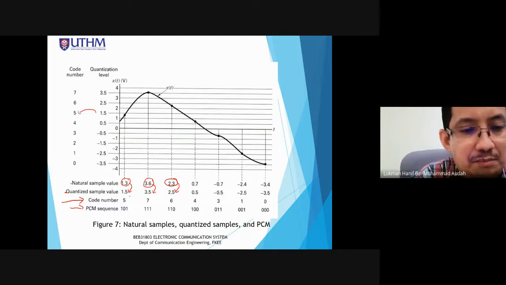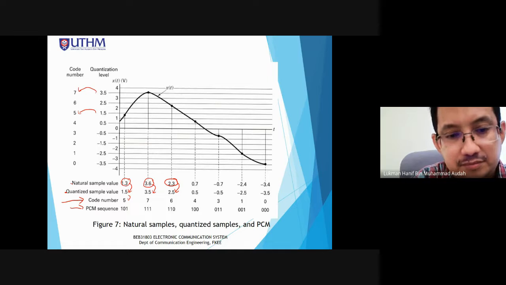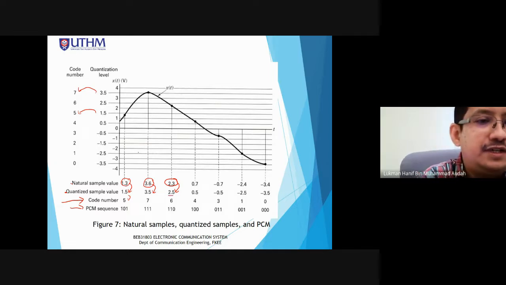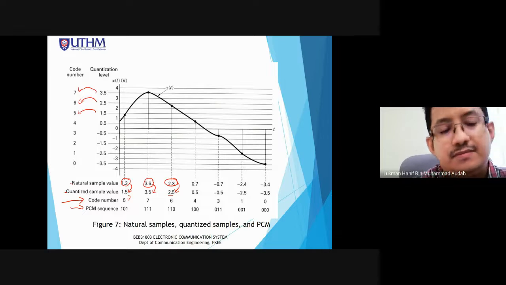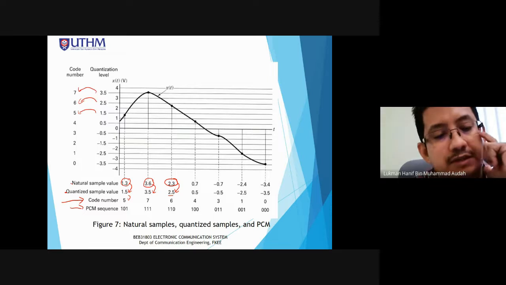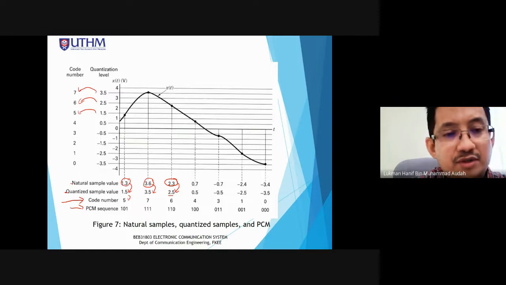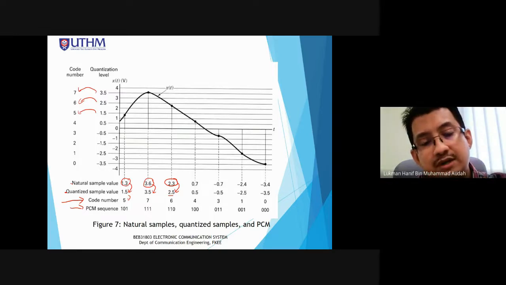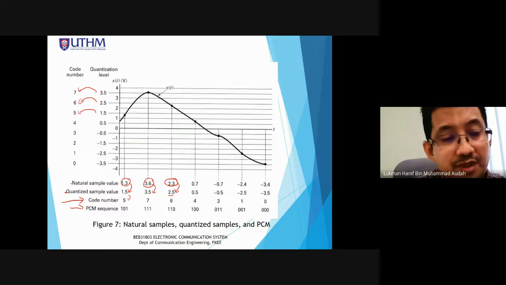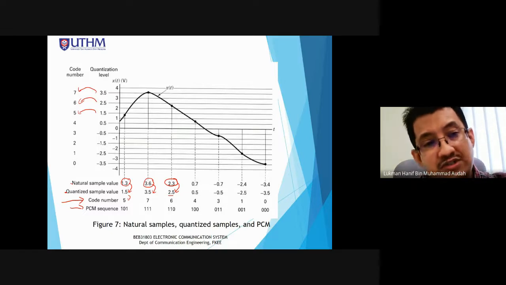Okay, mapped to code number 5. 3.5 is mapped to code number 7. 2.5 is mapped to code number 6. Nampak. So kalau you lihat di sini dalam proses encoding, we assign a specific code word for each of the quantization levels. Okay, so sebab nanti sample value kita akan bundarkan kepada quantization level yang terhampir, yang terdekat. Okay, bermakna setiap quantization level itu perlu ada dia punya specific code word.